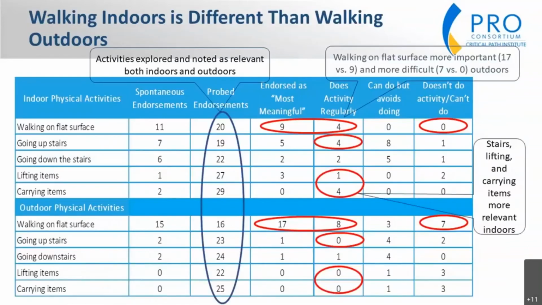As we explored some of the activities both in the context inside and outside of the home, we wanted to see if the context would make a difference. And results suggested that the context does make a difference. For example, walking on flat surface emerged more frequently as important and difficult outdoors, while climbing stairs, lifting and carrying items was more frequently selected as meaningful indoors.